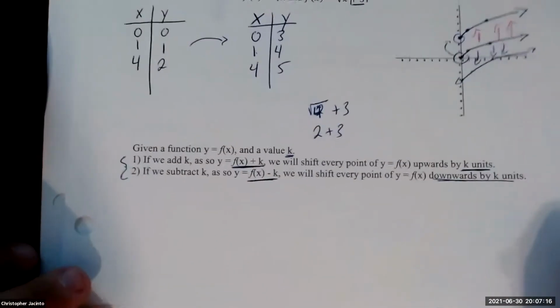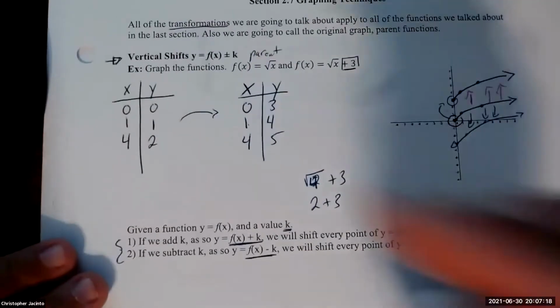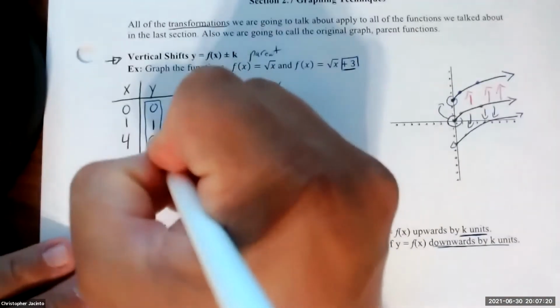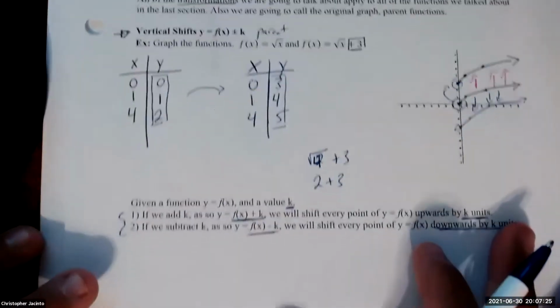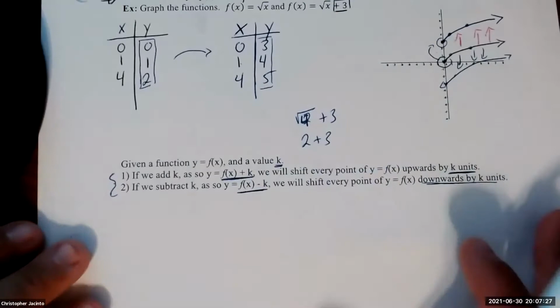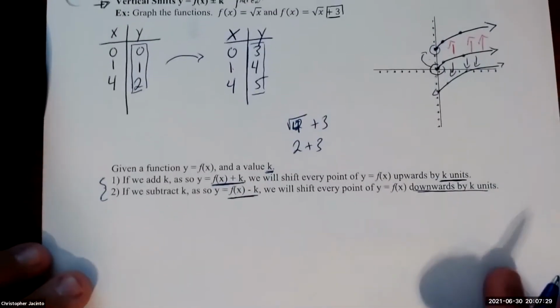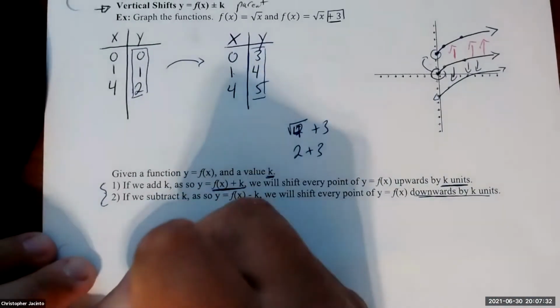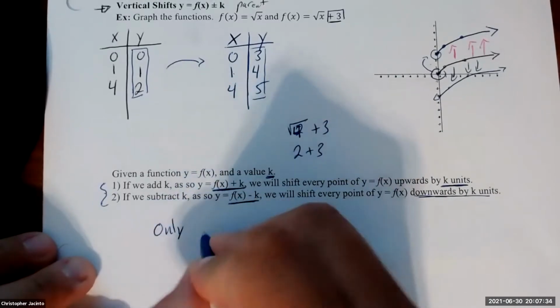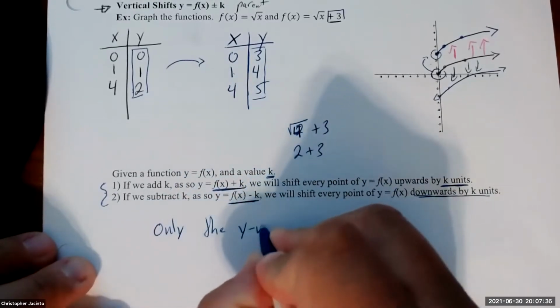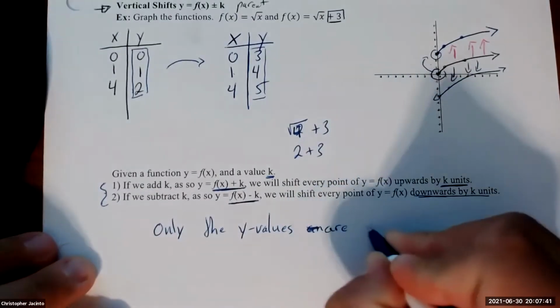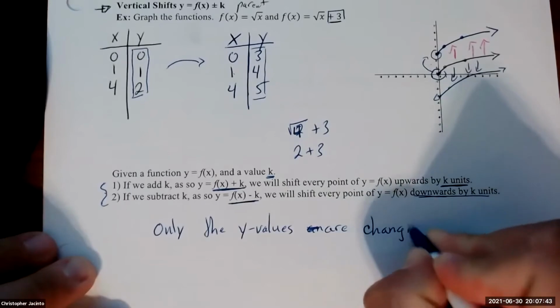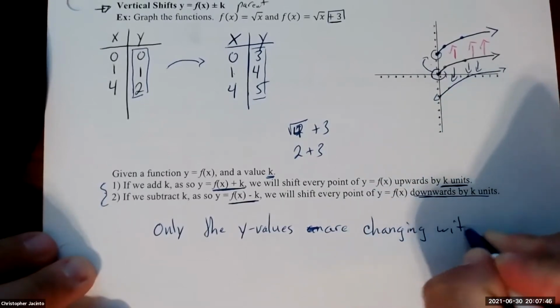So before we get any further, there's something I do want to say. Again, only the y values are being affected. The x's are exactly the same. So there's a slight little hint or trick when it comes to graphing: only the y values are changing with k.